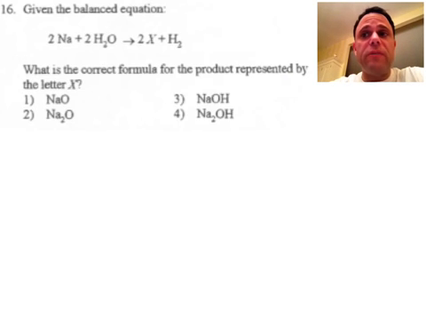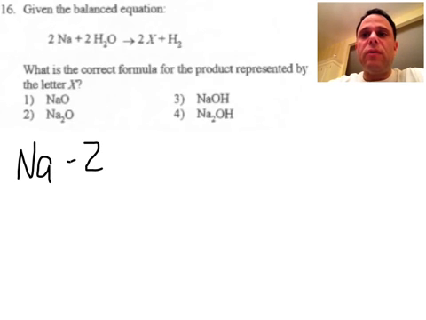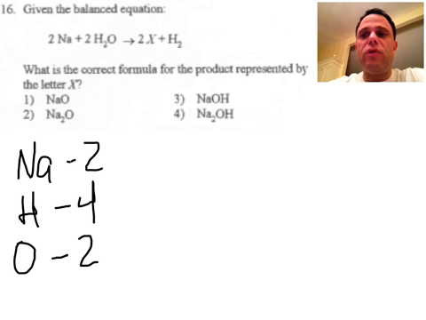So, law of conservation of mass, what is missing? Let's note what we first have. On the left, we have 2 sodiums. We have 4 hydrogens. And oxygens, we have 2. That is on the left side. On the right, well, 2 of the hydrogens are accounted for.